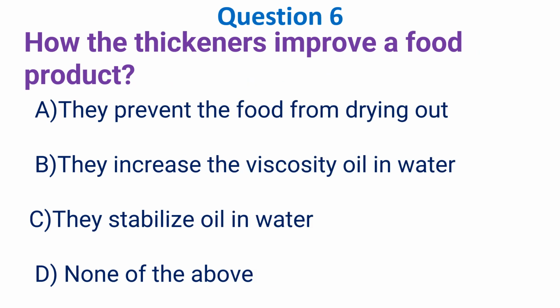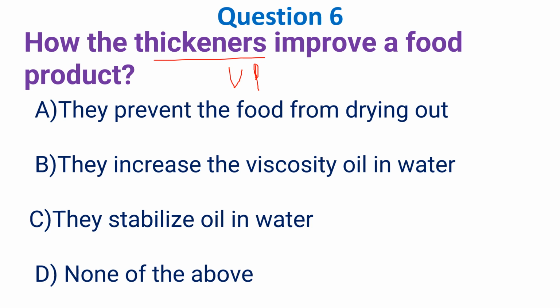How the thickeners improve a food product. What is thickener? Thickener is substance that increase the viscosity without substantially changing its property of food. Thickener may also improve the suspension of other ingredient or emulsion which increase the stability of product.